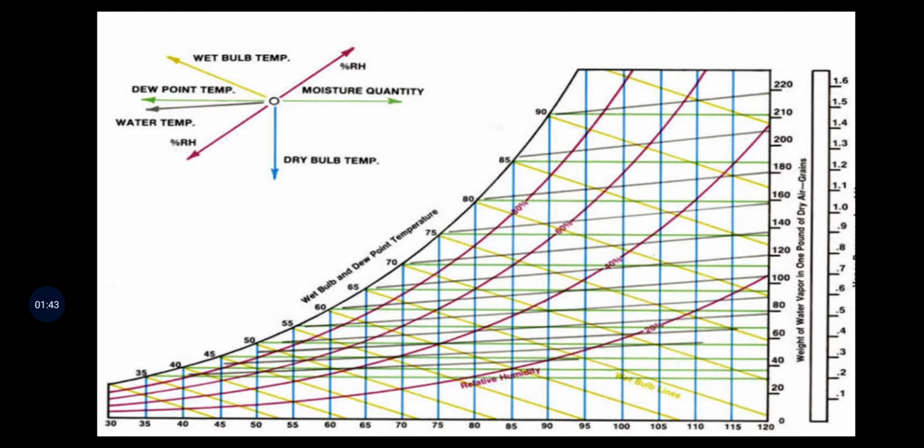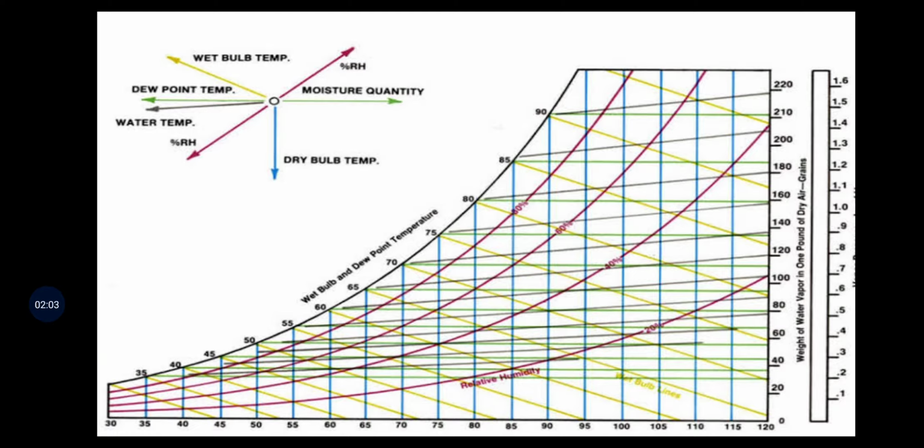The second parameter that we have to study is the wet bulb temperature. Wet bulb temperature is the temperature of air measured by an ordinary thermometer when its bulb is covered with a wet wick or wet cloth.